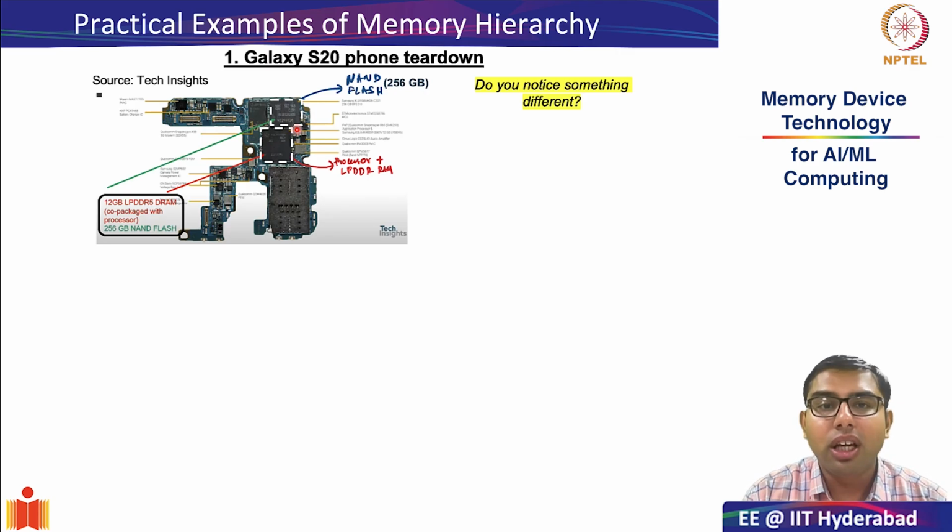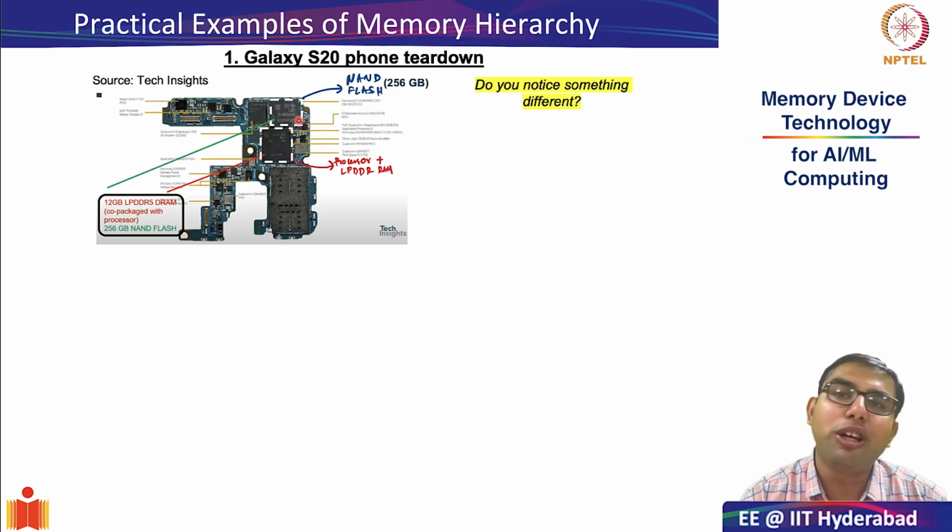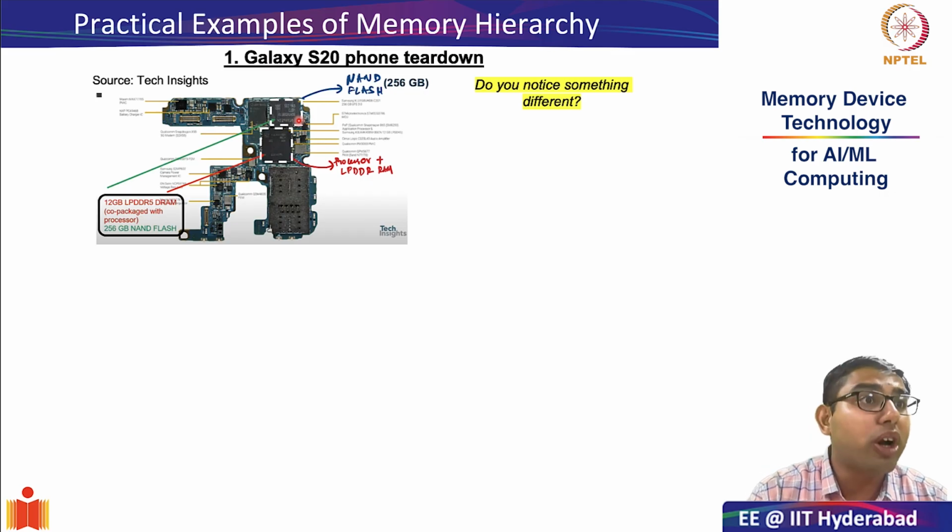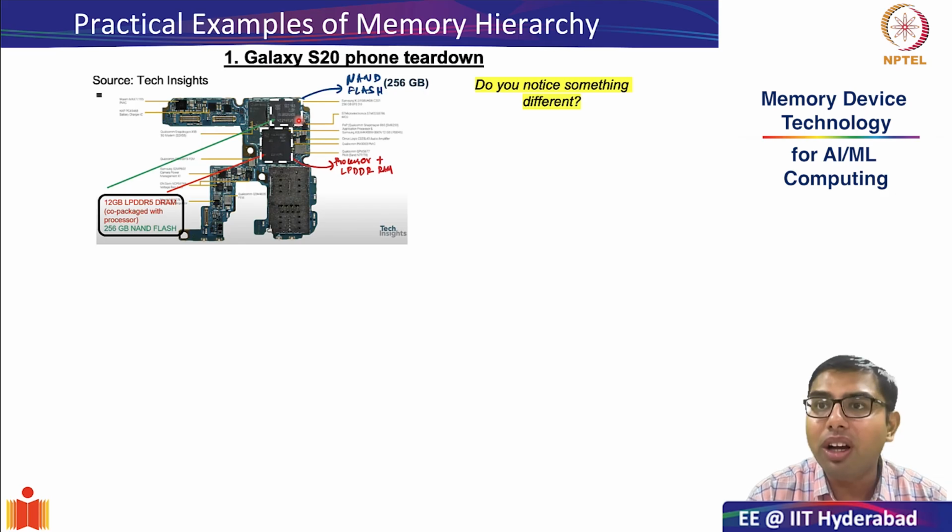And as you can see, there are a lot of chips in the motherboard. Because it is a phone, it will have primarily the chips related to the application processor and the modem. Because it's a phone, you need to have a modem to connect to the network, and there is a 5G modem also. But that is not what we want to discuss. What we want to discuss is the implementation of the memory hierarchy.